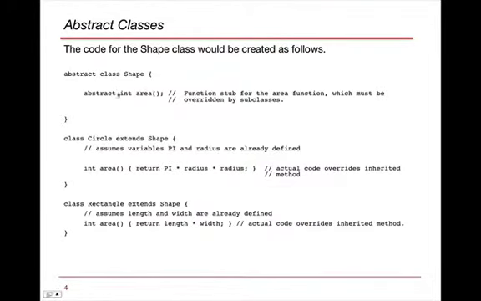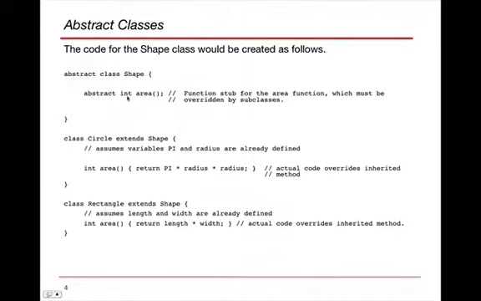So this is what the code actually looks like. We have this class called shape, which is an abstract class, and the function stub abstract int area must be overridden by anything that inherits from shape. So here's an example. Class circle extends shape. Since shape is abstract, all of the abstract methods must provide some code. So we have int area.